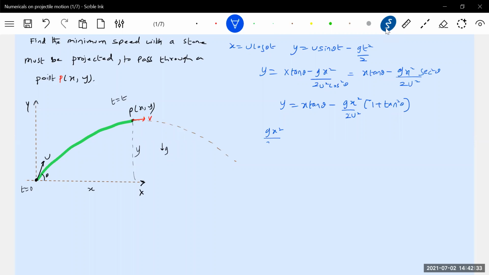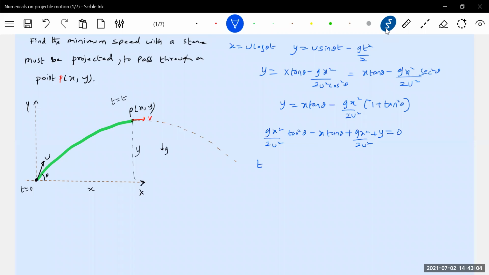g x square by 2u square tan square theta minus x tan theta plus g x square by 2u square plus y, all set equal to 0.